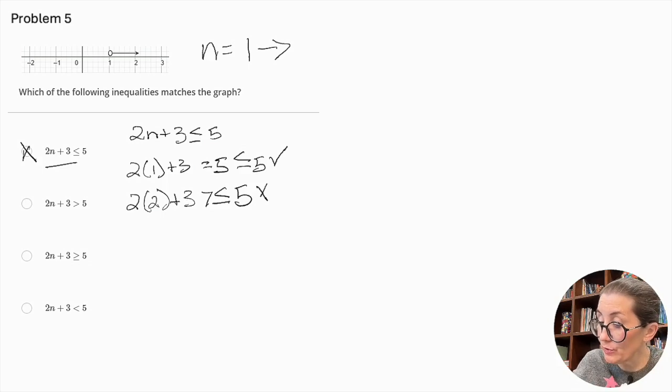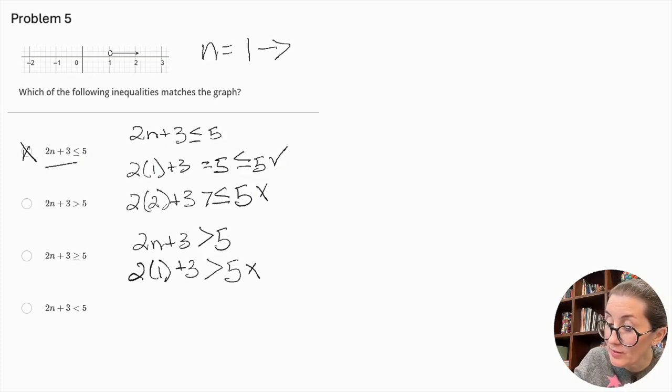Next, we're going to do 2n plus 3 is greater than 5. We can start with 1 again. 2 times 1 plus 3, and that is 5, is greater than 5, is not true. So we can cancel that one out too.